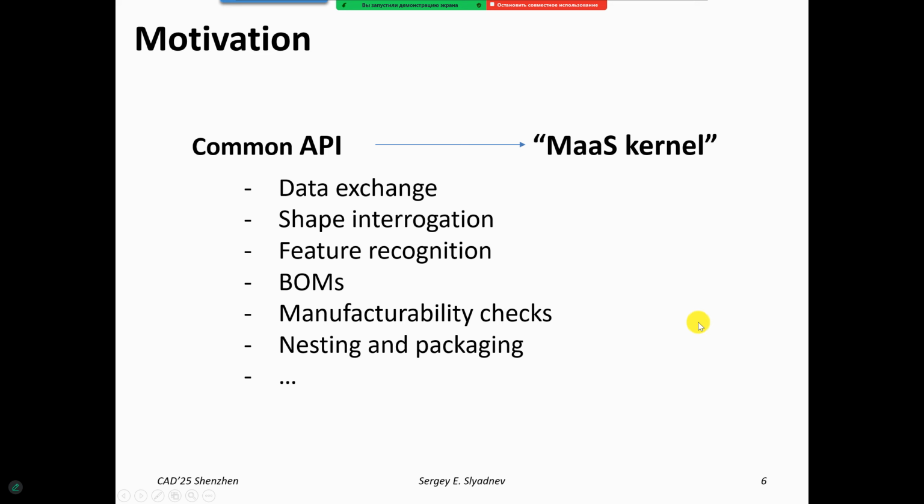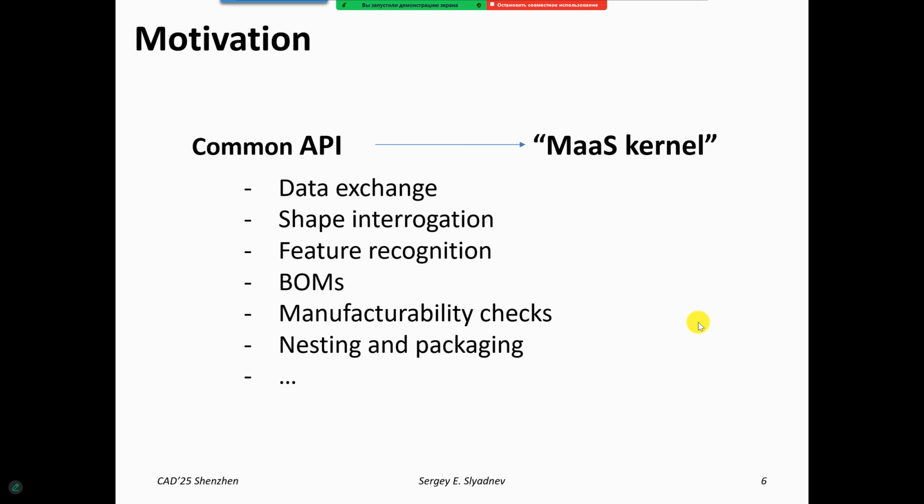So we've been facing this use case of manufacturing as a service platform quite often, and we came up with the notion of MaaS kernel. For the lack of a better name, MaaS is manufacturing as a service. So we tried to componentize all useful functions under the umbrella of one, so to say, algorithmic core.